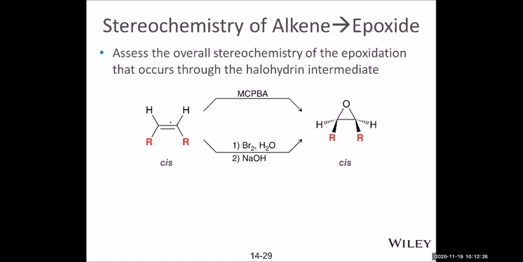When we have an alkene, we can either use MCPBA to add oxygen on the double bond, or form the halohydrin. So here's the bromohydrin. We use bromine in water. Essentially we add this piece to the alkene.